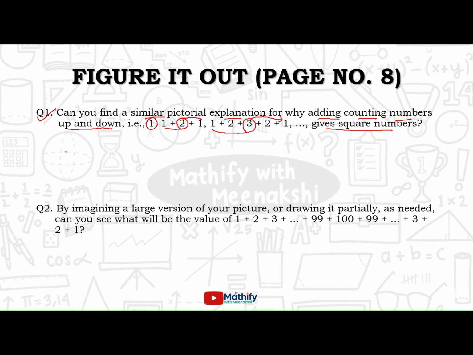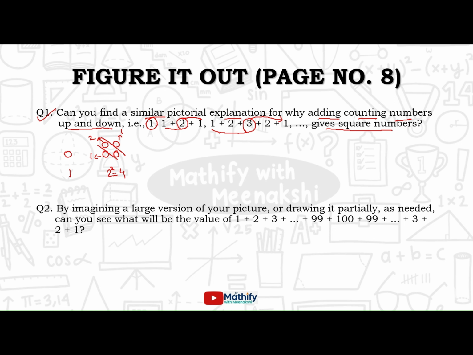So in the first you will simply say it's 1 square. Then we are going till 2, so you will represent 2 square, that's 4. Now how can we represent this pictorially? I can say this is 1 plus 2 plus 1. 1, then here we have 2, and then here we have 1. This is 2 square, you can say 4.